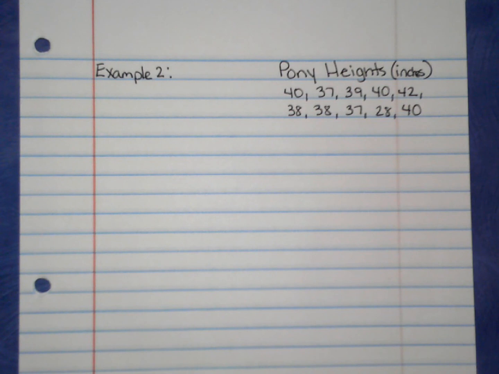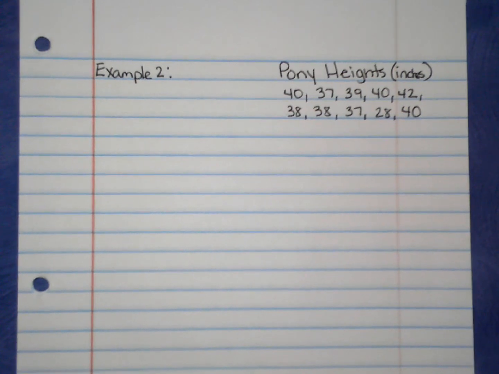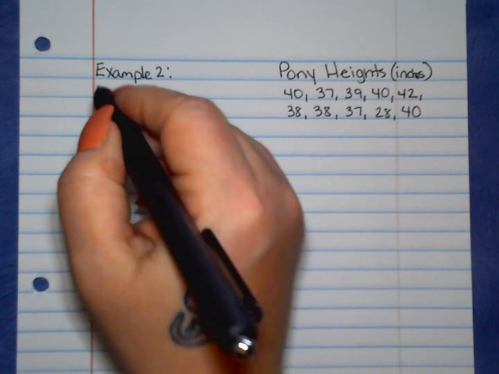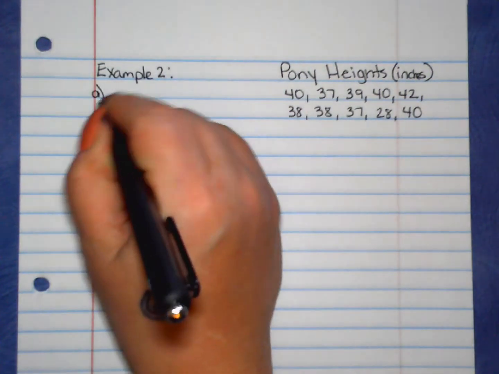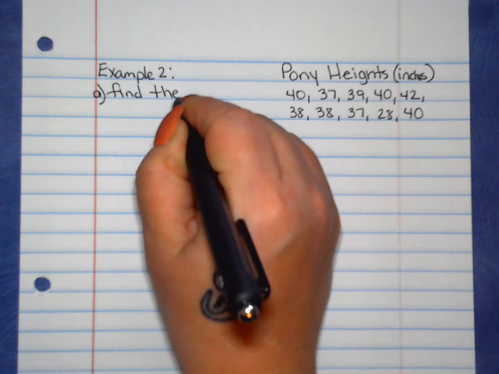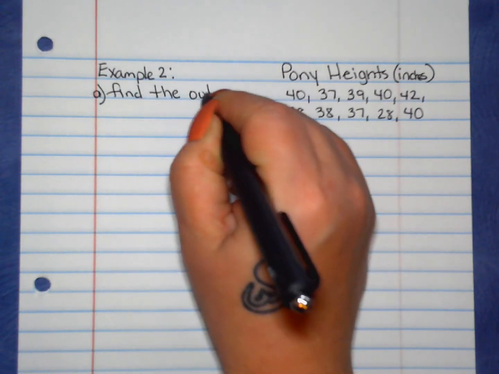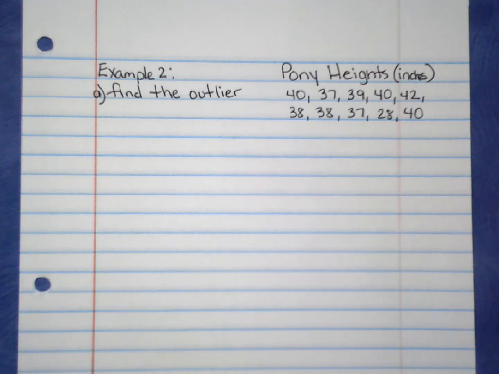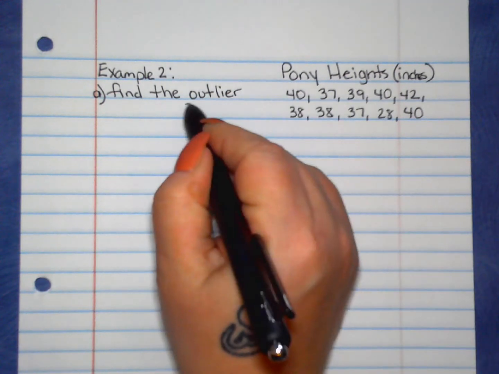And the first thing, our first objective on this problem is we're going to find an outlier. We're going to find an outlier.